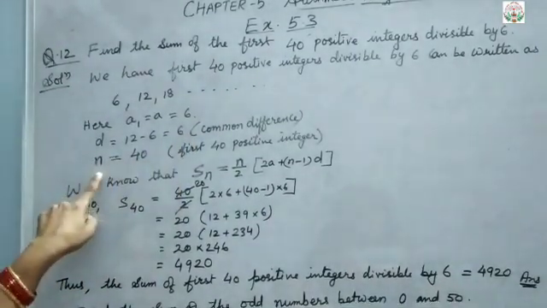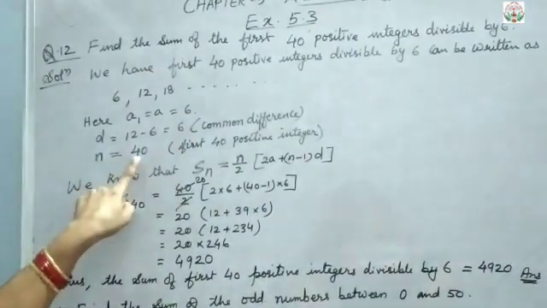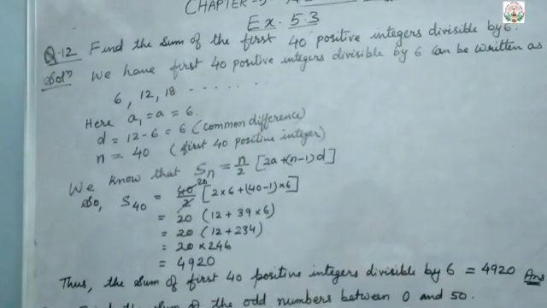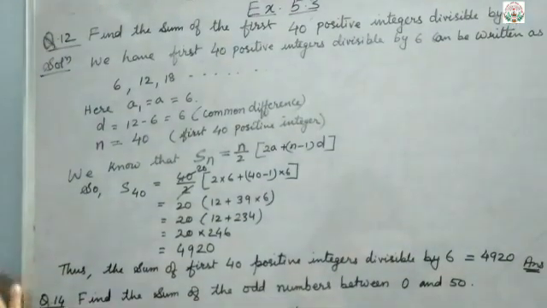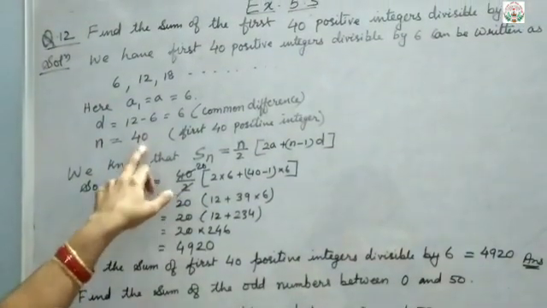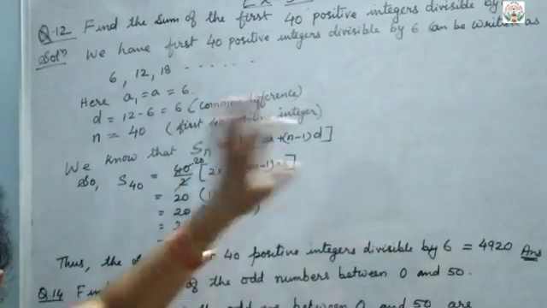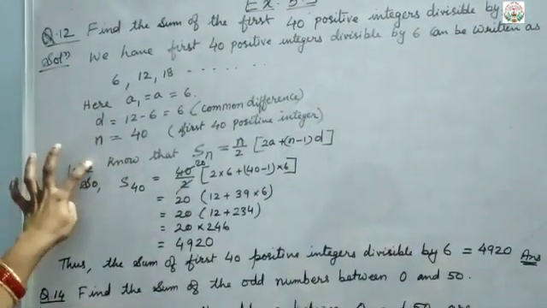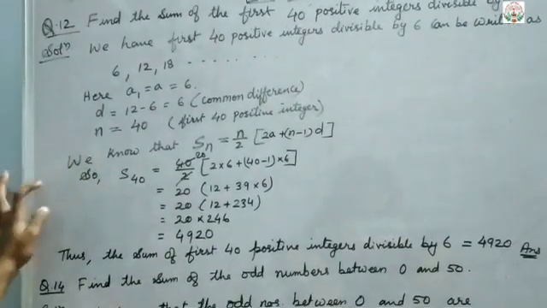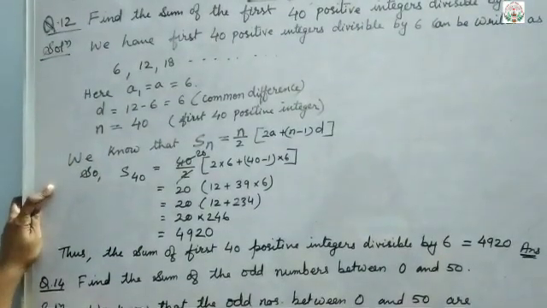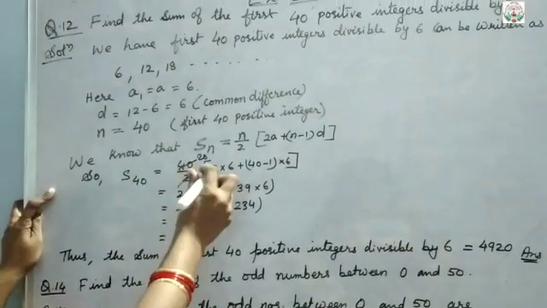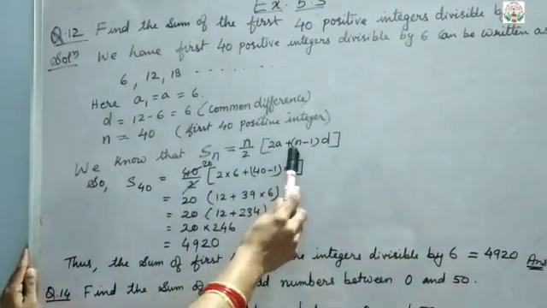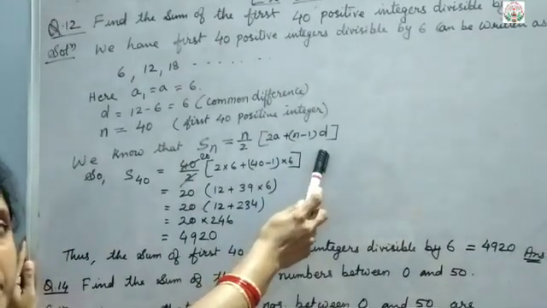N equals 40, because it is given the first 40 positive integers. Clear children? Here A is given, D is given, N is given. So can we find the sum of the nth term? We know that Sn equals n upon 2 into 2a plus n minus 1 into d.